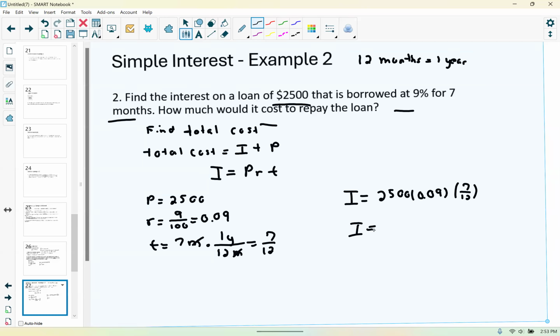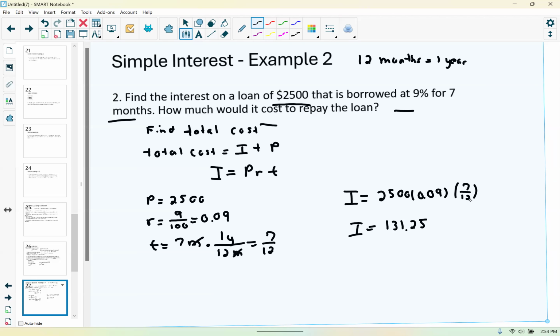You want it as a decimal because we're talking about money. So you can just type in like 2,500 times 0.09 times 7 divided by 12. And if you do that, you get 131.25. And for the 7/12, just type in like 7 and then the divide sign 12.